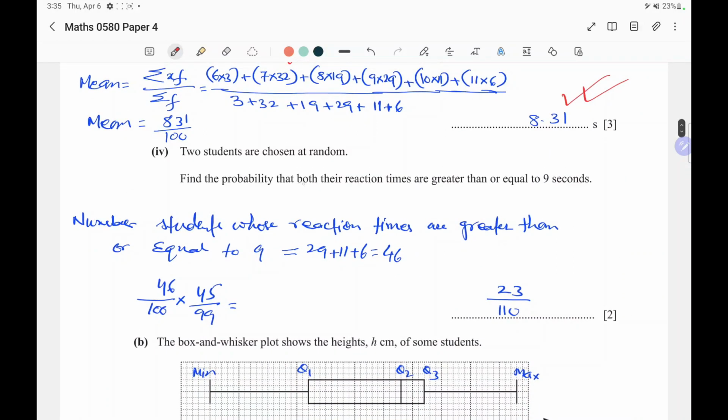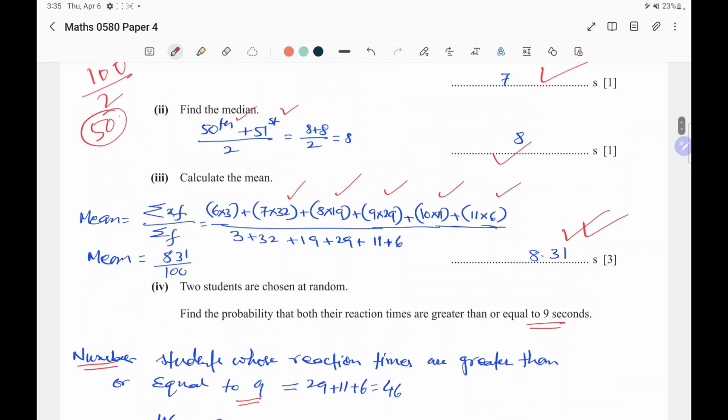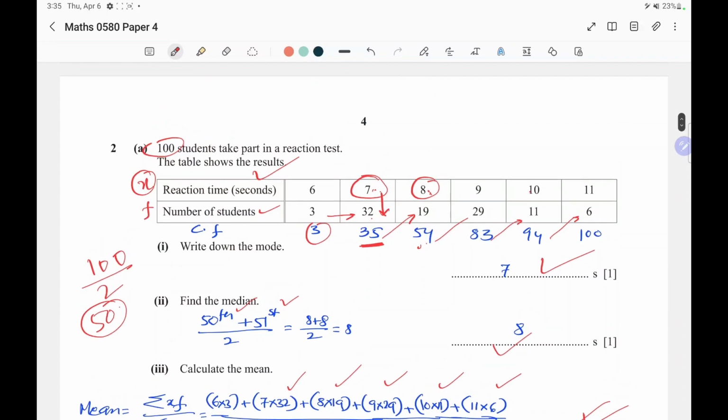Now 2 students are chosen at random. Find the probability that both their reaction times are greater than or equal to 9 seconds. So the number of students whose reaction times are greater than or equal to 9, reaction time is either 9 or greater than 9.